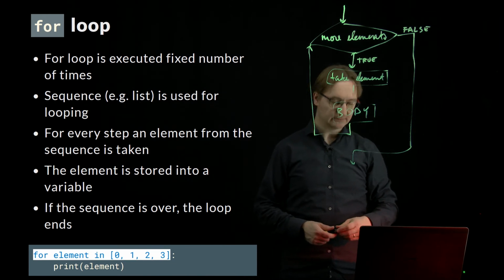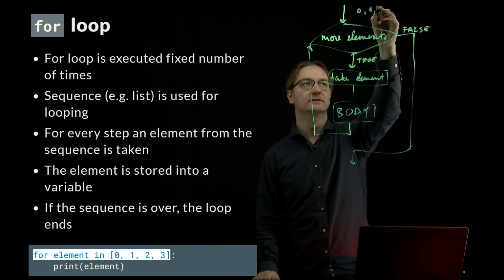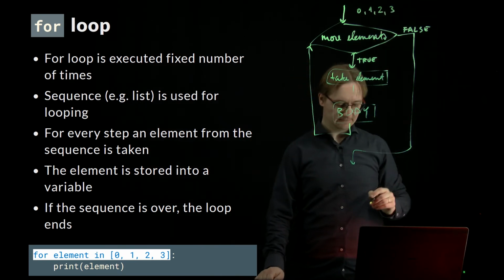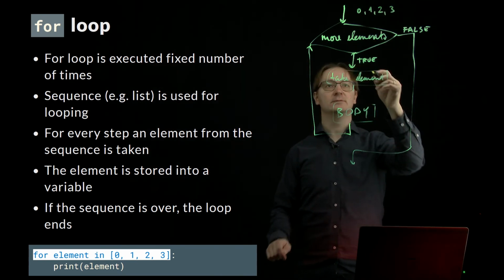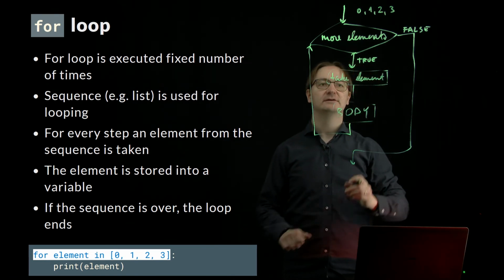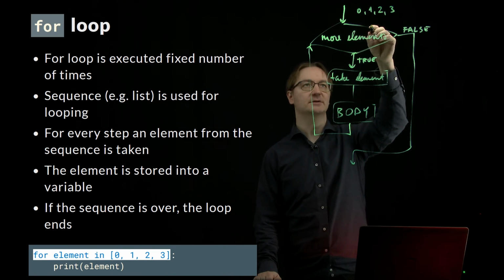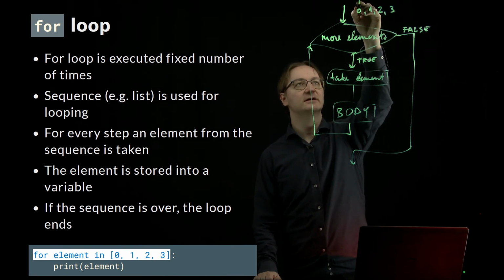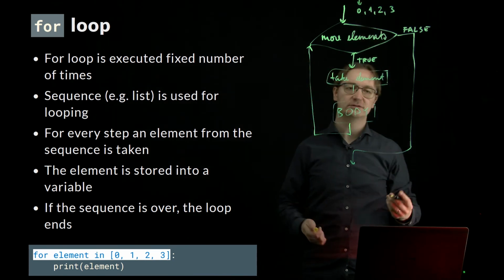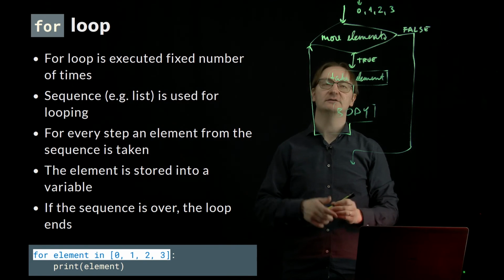In our example, we have a list of 0, 1, 2, 3. And we go into the loop. In this line, we first see whether there are more elements. Basically the program knows where we are, what is the current index we are looking at in this sequence.